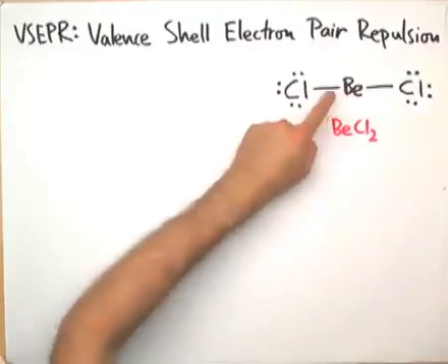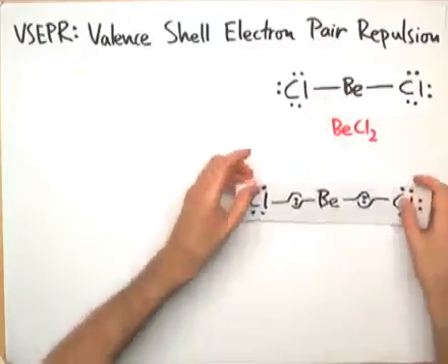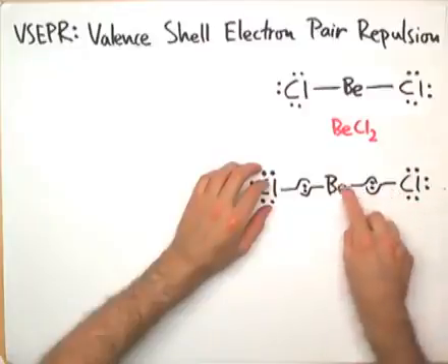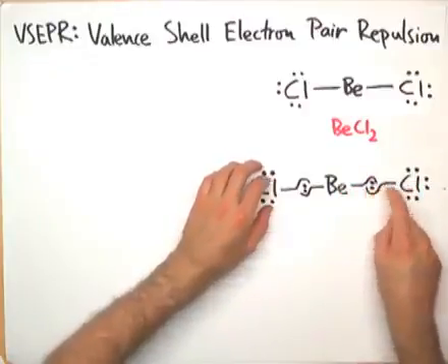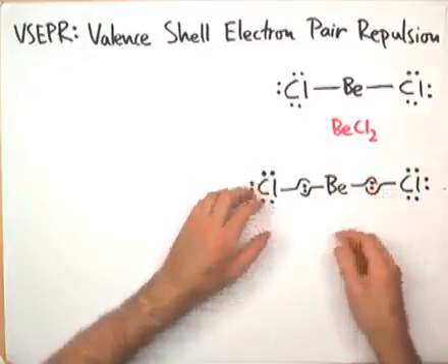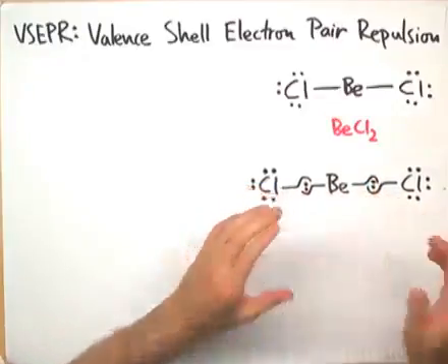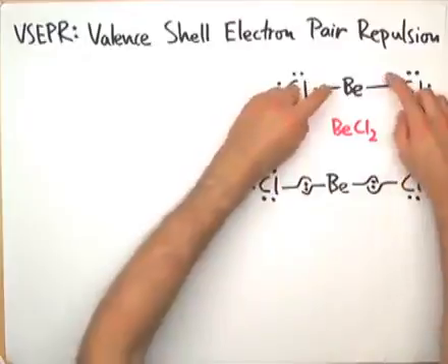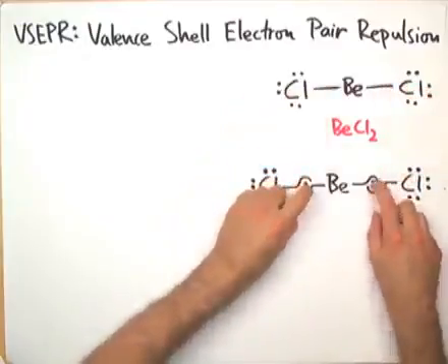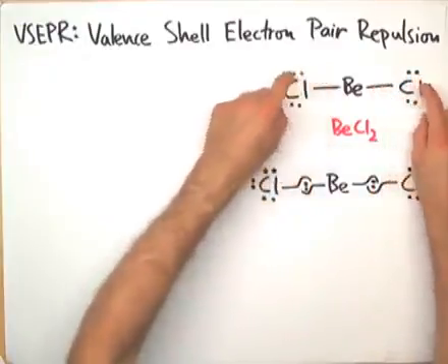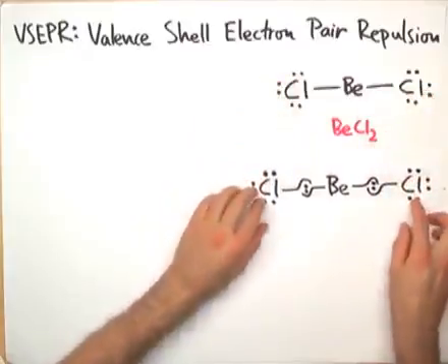So we could draw beryllium dichloride like this, where we have a hand from the beryllium and a hand from the chlorine coming together to share this pair of electrons. This reinforces the idea that there is a pair of electrons in each one of these bonds that's shared between the atoms. Okay?